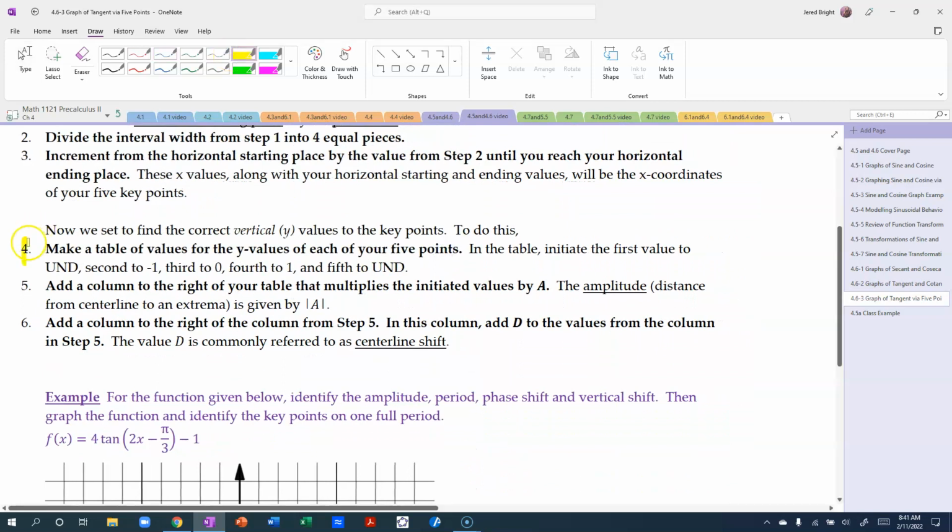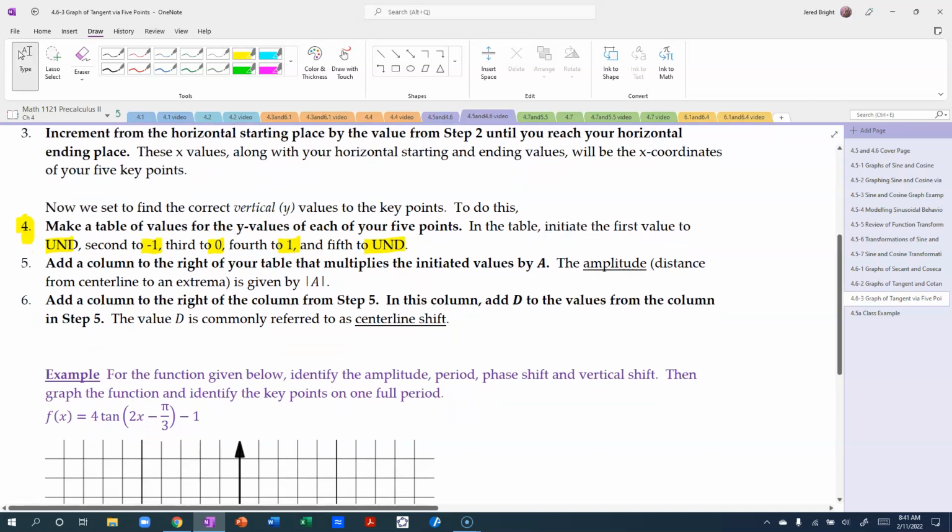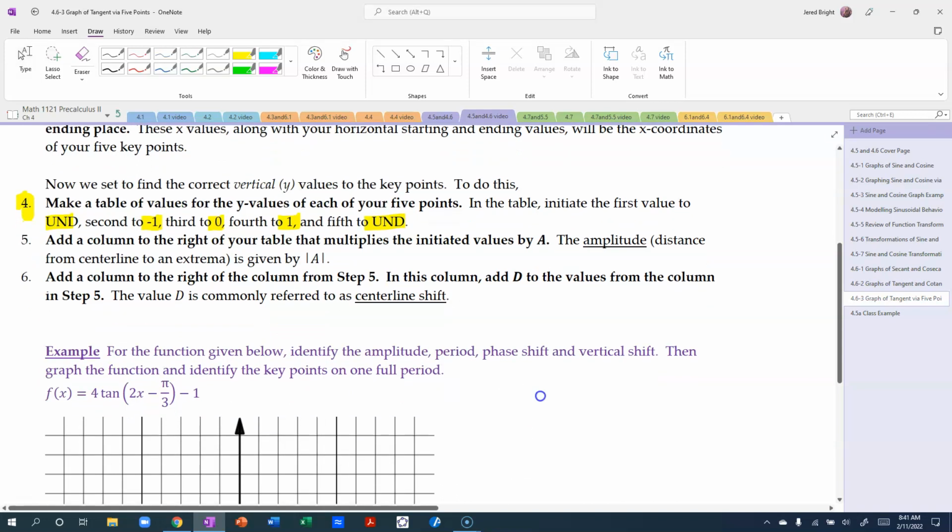This step is also a little new. Because we're working with tangent which has a different parent graph, we have to initiate values differently. So we're going to do undefined and then -1, 0, 1, and undefined again. Undefined is representing those vertical asymptotes. Okay, and then add a column, multiply by A, add a column, add D, and we're good to go.